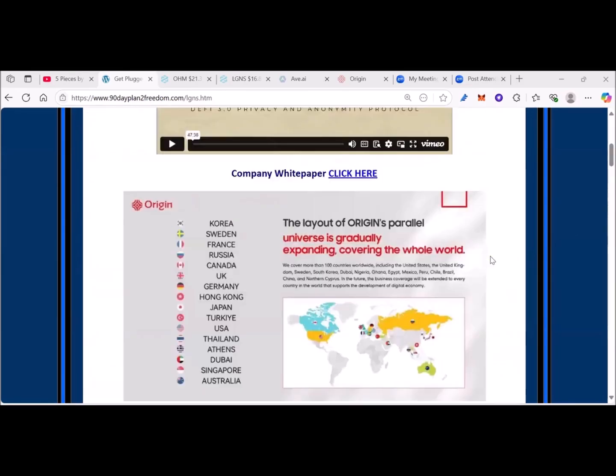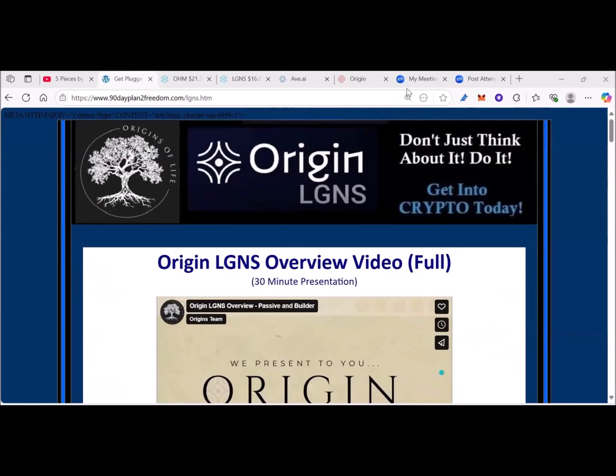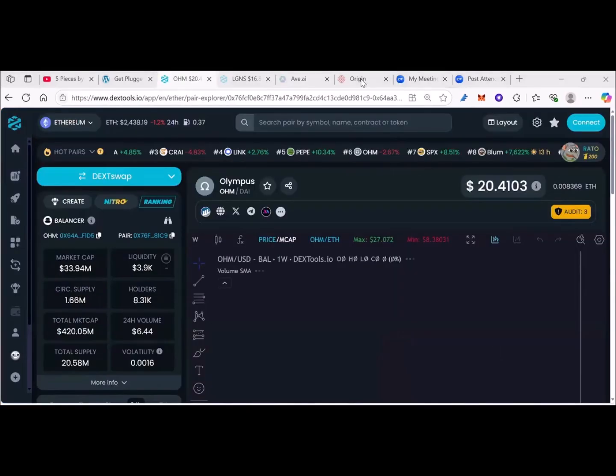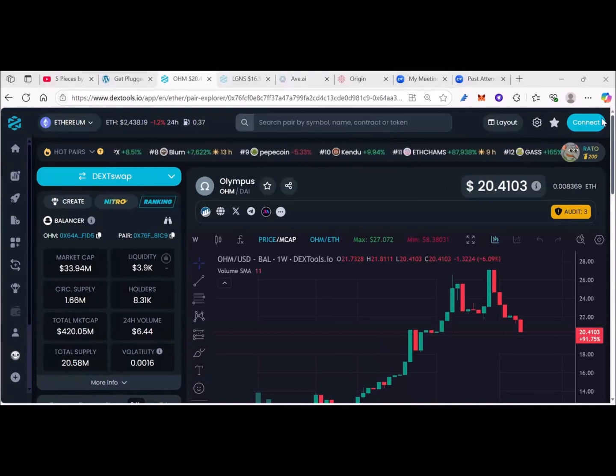Now, I mentioned to you earlier that these developers have a track record and a history, ladies and gentlemen. They created another smart contract that has been running for over 4 years. It's called Olympus, and you can see the acronym OHM. Now, this smart contract and this coin is on the Ethereum blockchain. So maybe you're familiar with Bitcoin and Ethereum.